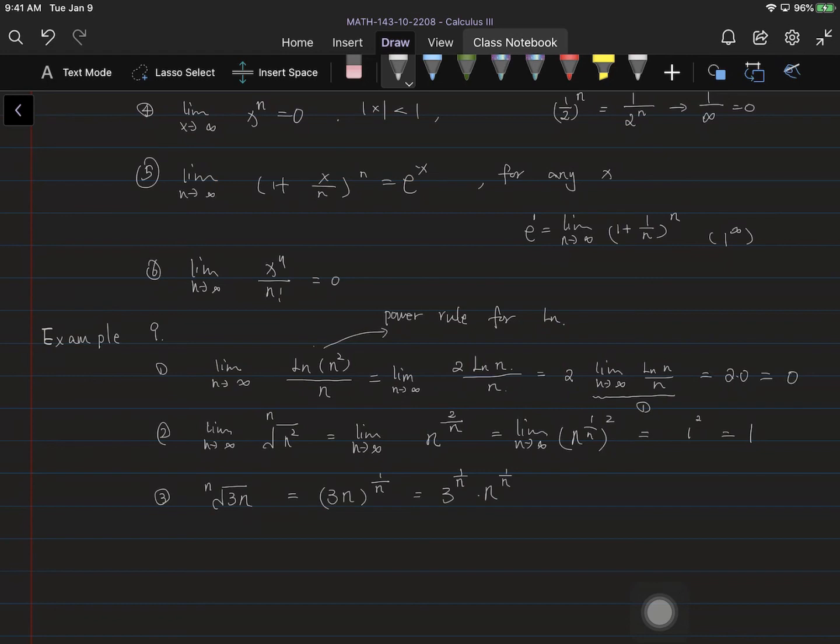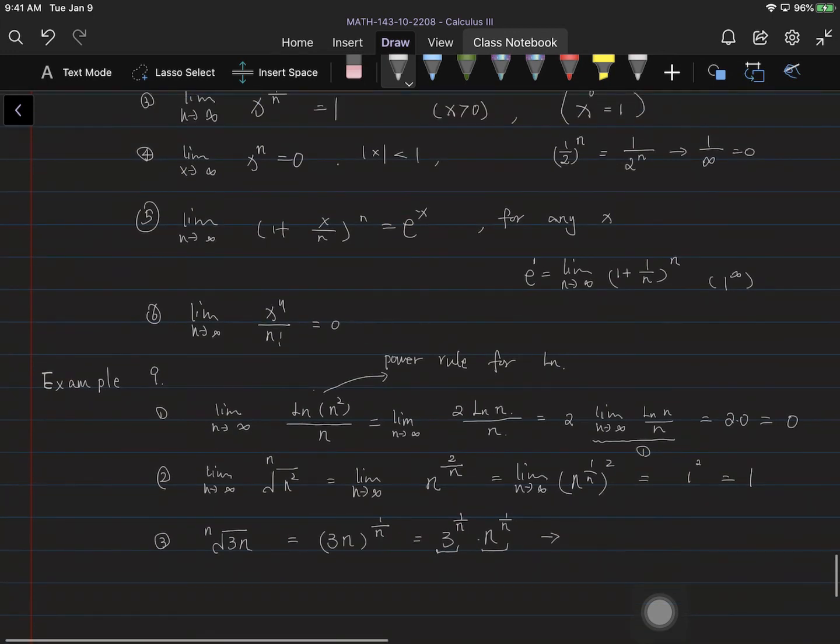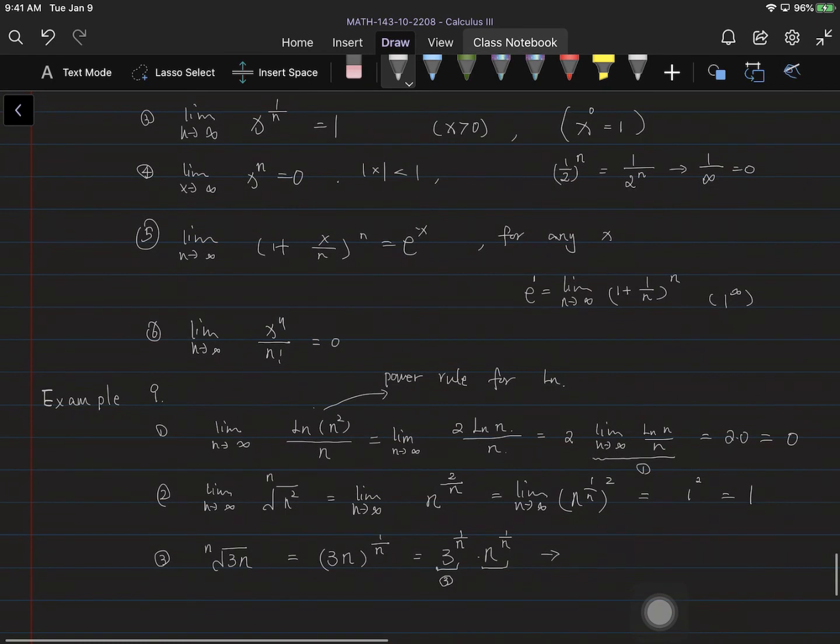Right? So now let's take a look at those two. For the first one, it goes to which number? This one, we use commonly used limit number 3. The number is like 3 to the 0, which is 1. And n to the 1 over n also goes to 1.